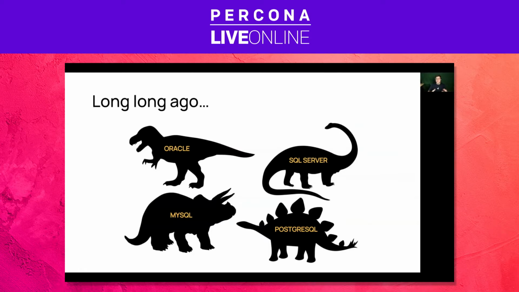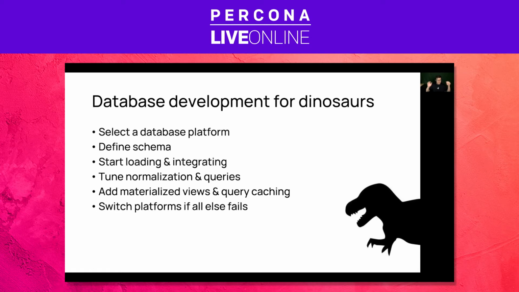I mean, the modern versions of these things are nothing like what we had in the 90s, right? This technology's just continuously been refreshed. But again, if we're applying that 90s thinking, long ago, this is what the database world looked like. And how do you do database development in Jurassic Park? Well, you do database development for dinosaurs.